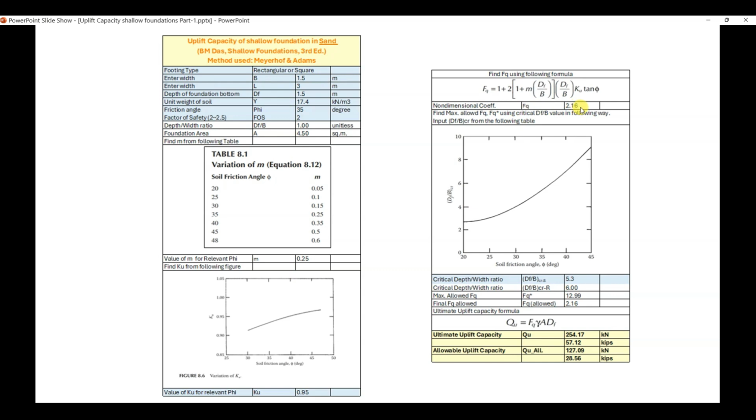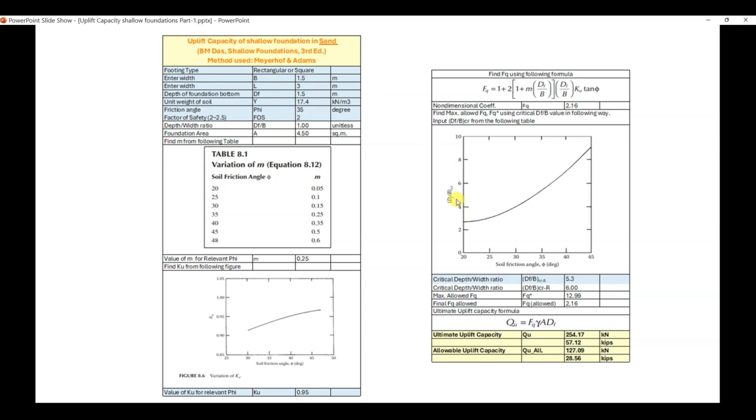However, what we need to do is find the critical depth to width ratio for our foundation. In our case, let us first determine the critical depth to width ratio for a square foundation. This one is actually for a square foundation. There is no graph given for rectangular foundation, since it is hard to produce such a graph for rectangular foundation for unknown length and width.